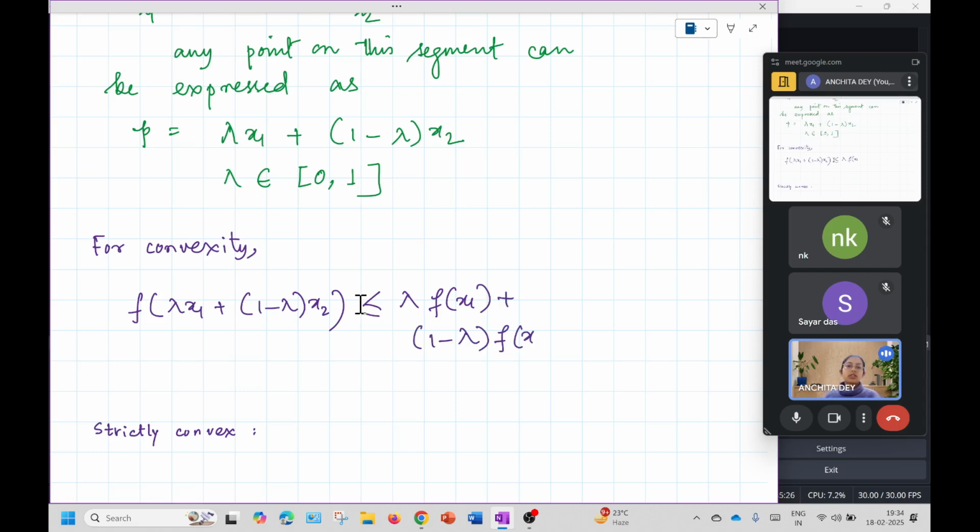If this condition is satisfied by a given function for any 2 points x1, x2 at any lambda between 0 and 1, then we say that the function is convex. If it's the opposite sign, greater than or equal to, then we say it is concave.